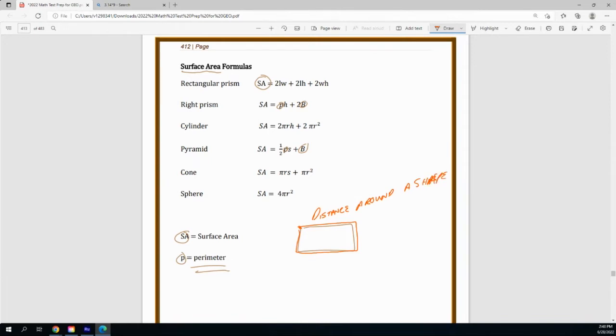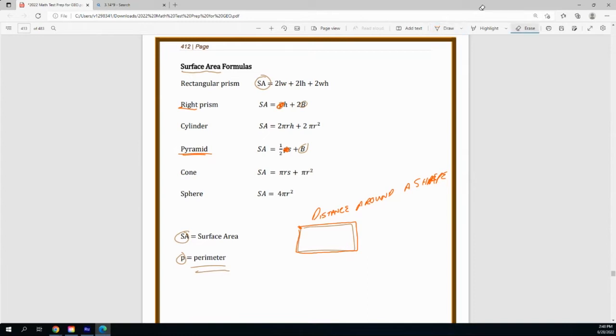If this was a circle, it would be circumference. That's what circumference is: the distance around a circle. The distance around a shape that has sides is called perimeter. So P is going to be located here if you're looking for a right prism. P is located here if you're using a pyramid.